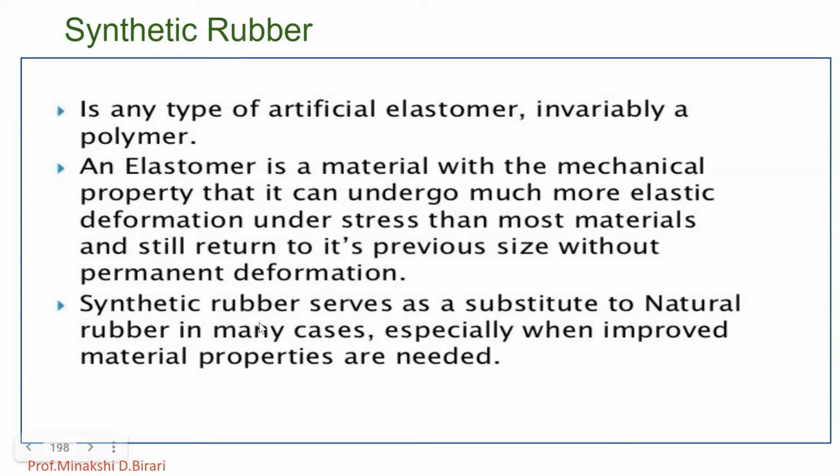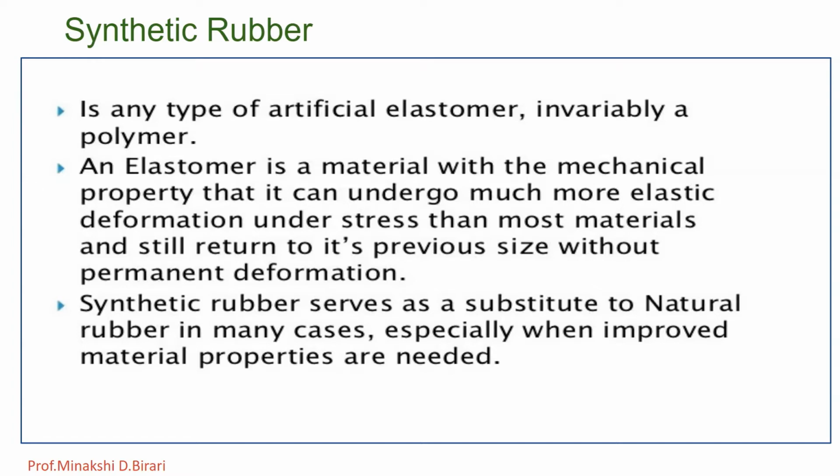So synthetic rubber serves as a substitute to natural rubber in many cases, especially when improved material properties are needed. Artificially prepared rubber-like product which can be stretched more than its original length and returns rapidly to its original shape and dimension when the stretching force is released is called synthetic rubber.